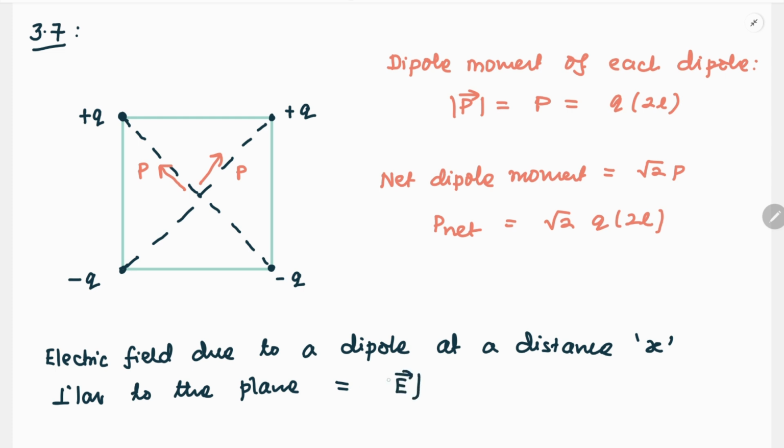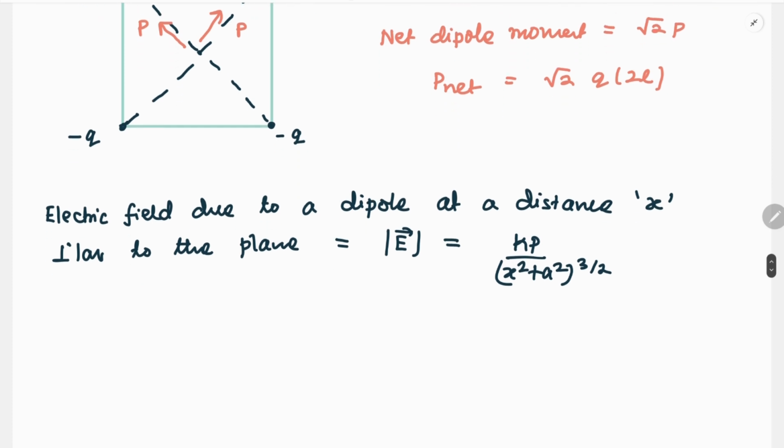So we write electric field strength E as Kp by (x square plus a square) to the power 3 by 2. So this is the standard result which we are using.